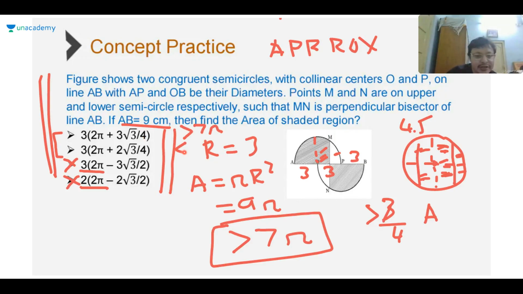The second option is less than 7 pi, which means the answer is option A, that is 3 into 2 pi plus 3 root 3 by 4. In fact, in most of the geometry questions, you need not even need any kind of geometry or theorem rules. All you need to do is approximation technique and mark the answer in 30 seconds and leave. Hence the answer is option A, because only option A is greater than 7 pi. Option B is less than 7 pi.